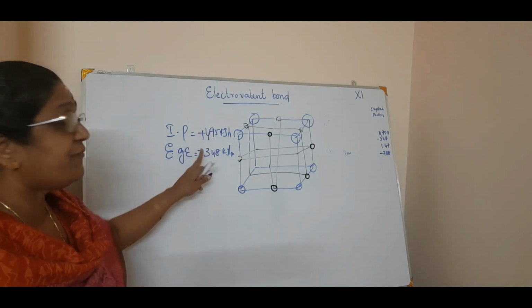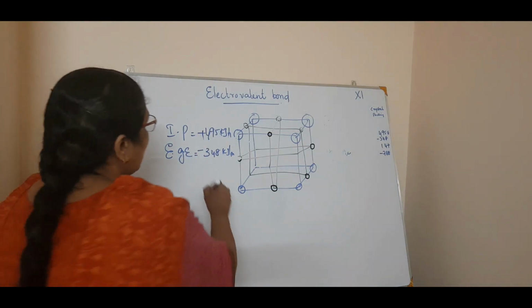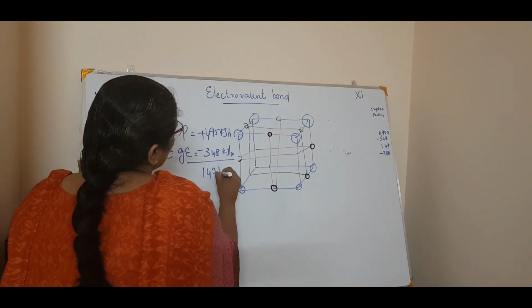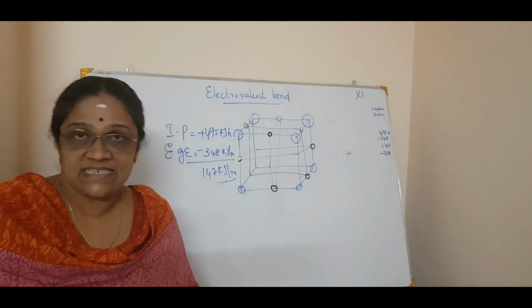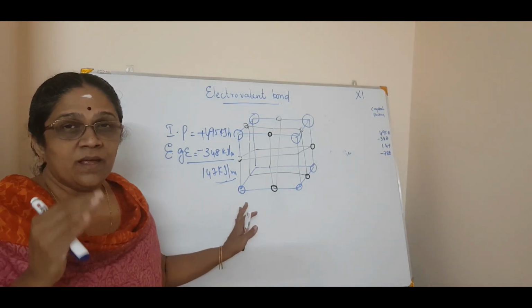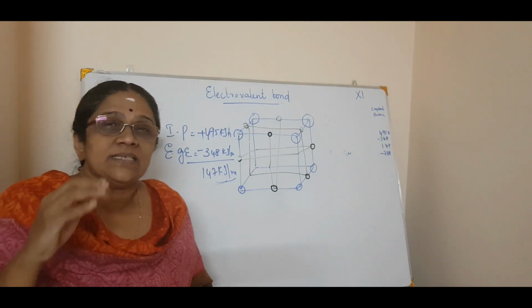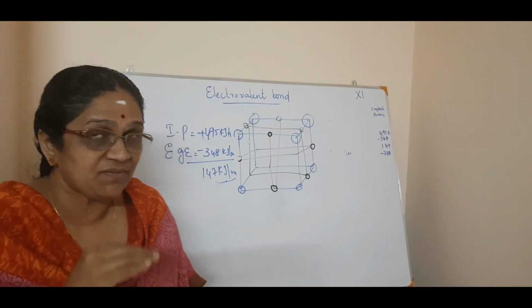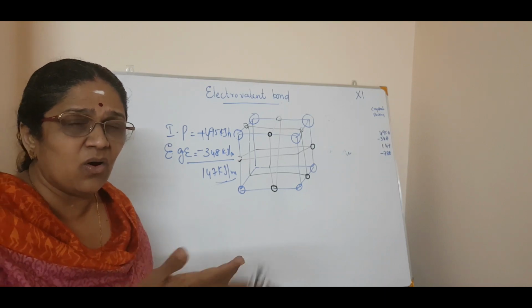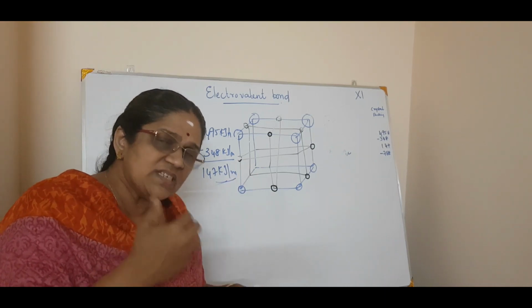Now, if you take the difference, it will be 147 kilojoule per mole. It is positive. Now, in any reaction for that matter, we will see more in thermodynamics. All these come under thermodynamics, so we will see in detail there.